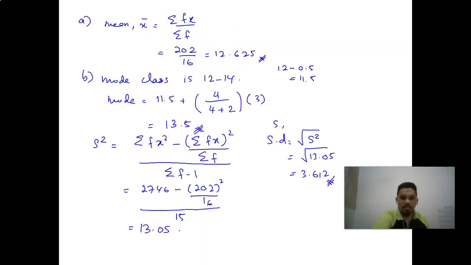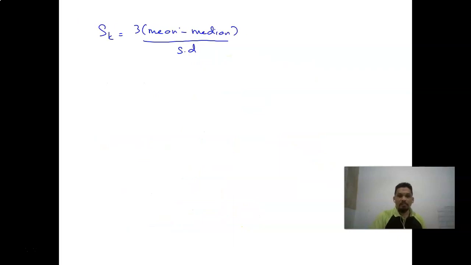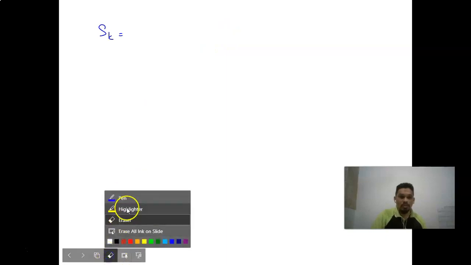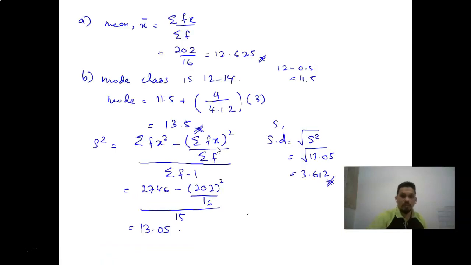When mean equal to 12.625, the median... okay, then we use the formula according to what we searched just now, because we find the mean and mode and standard deviation.